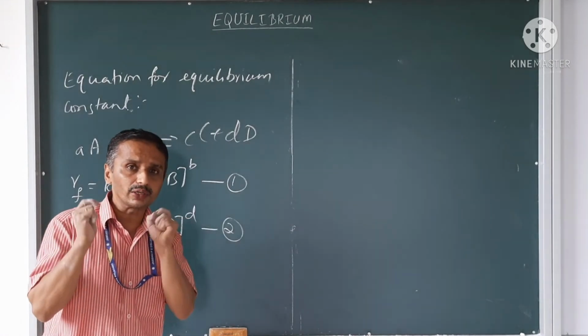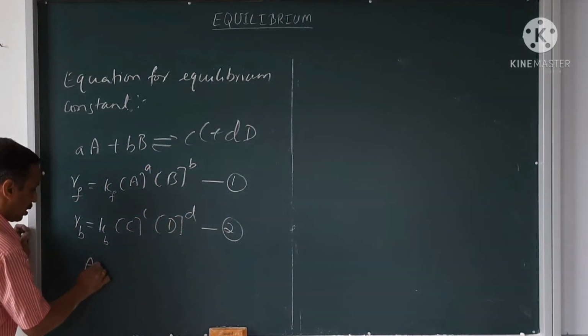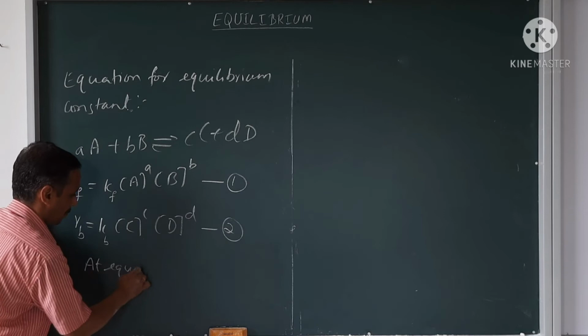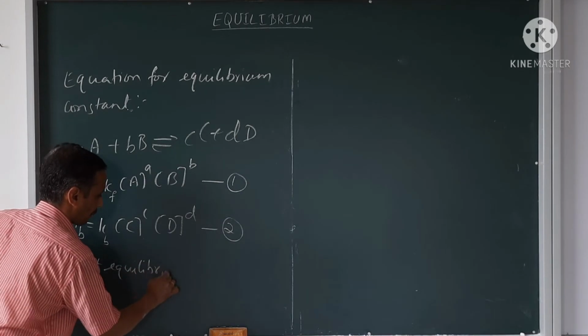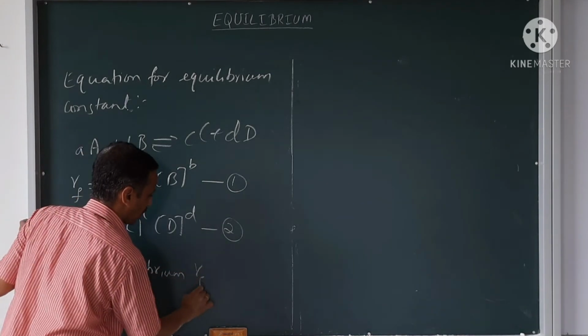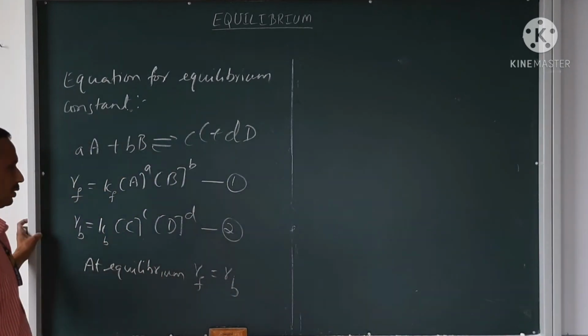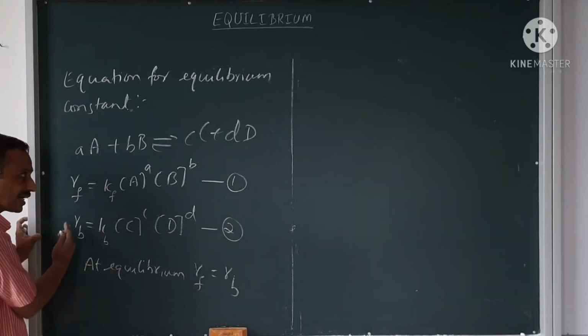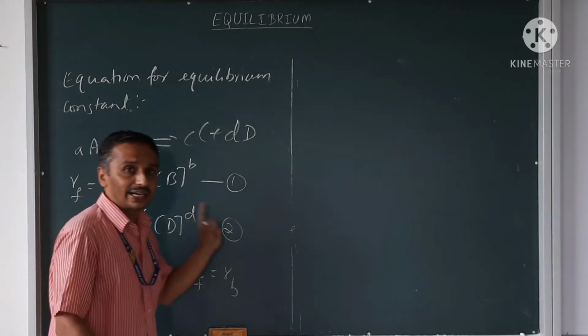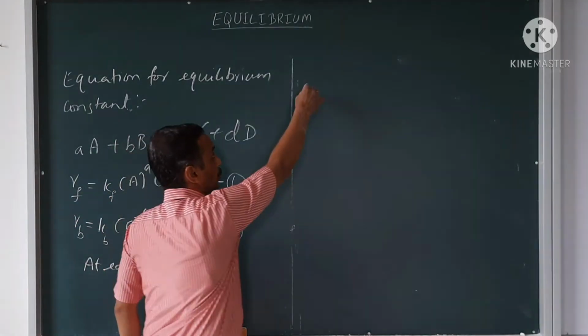Now at equilibrium, what will happen there? At equilibrium, rate of forward is equal to rate of backward. Means the left hand sides are equal to each other, then the right hand sides should be equal to each other.